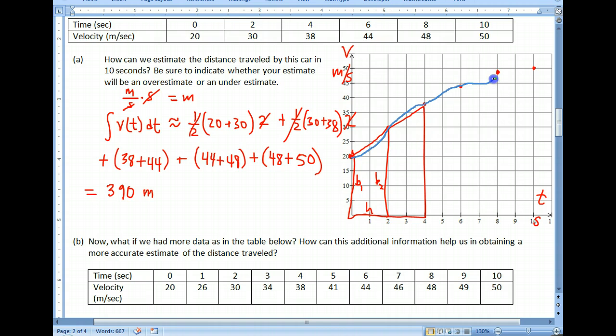It's an overestimate. How do you know? In this case, we don't know. It could be over or under. It could be either. It's just not accurate. Okay.